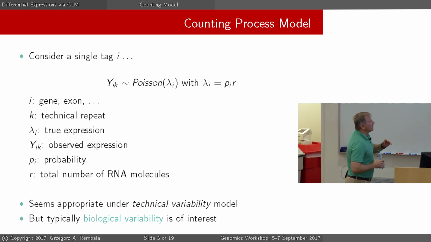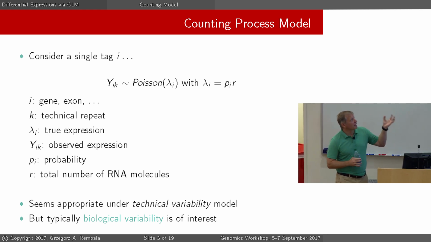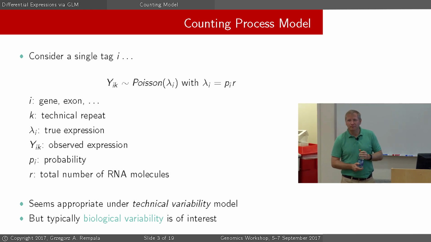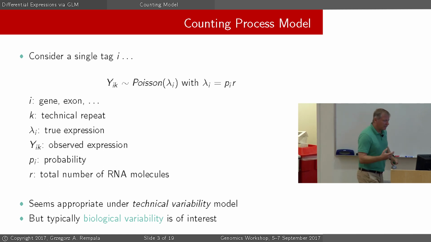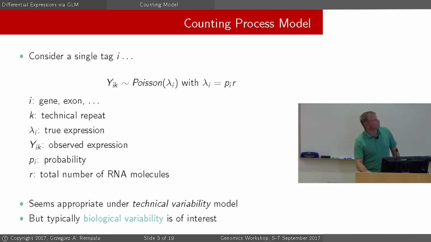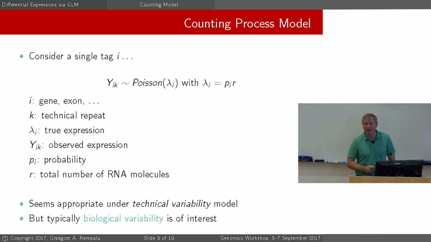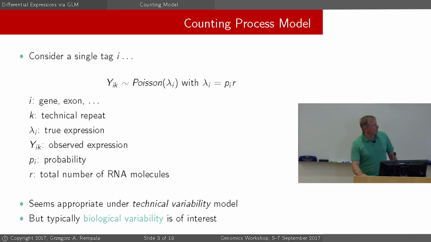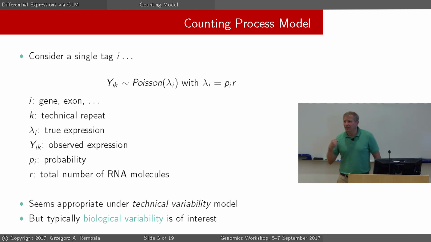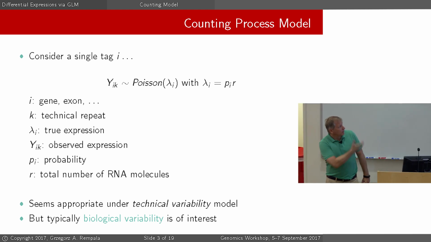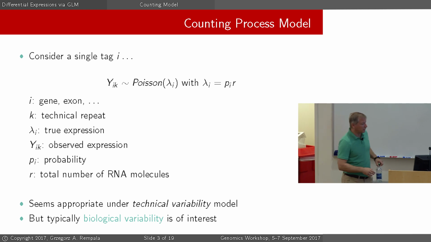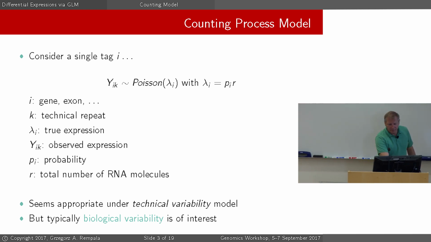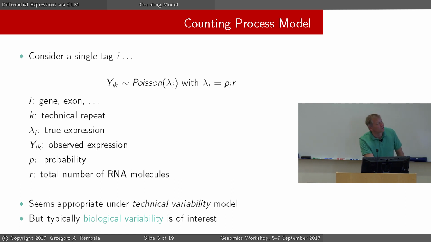So life is not as simple as that Poisson model. We really cannot even pretend that this would work for us. We have to make it more complicated, because biological variability changes these counts and transcripts in a manner that makes it much more complicated than just calling the intensities, the lambdas, of my Poisson distribution.